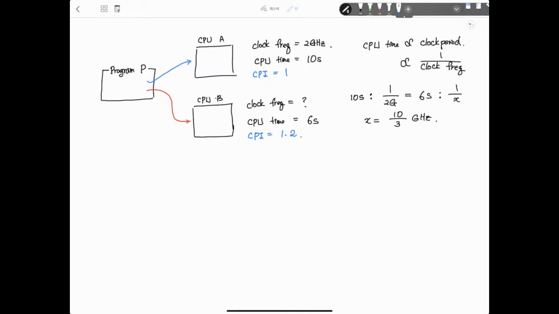So what about the clock frequency in that case? CPU time is proportional to, in this case, the number of instructions are equal. So CPU time is proportional to the CPI and the clock period, which is CPI over frequency.